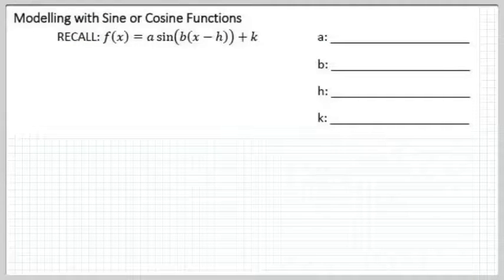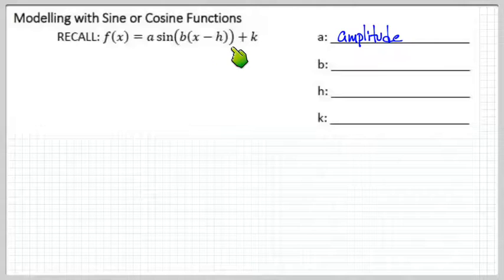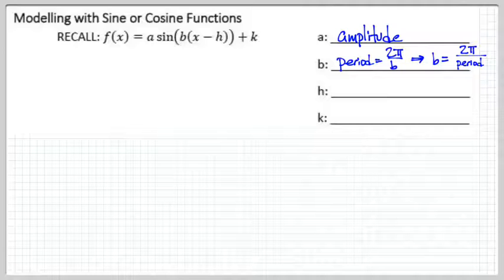Okay, now recall, we've looked at this before when we were graphing in the previous lessons. This is your basic transformation of your parent sine function. The A is our vertical up-down stretching, so it affects the amplitude. The B is our horizontal stretch or shrink, so if we're stretching or shrinking horizontally, that's going to change the period.